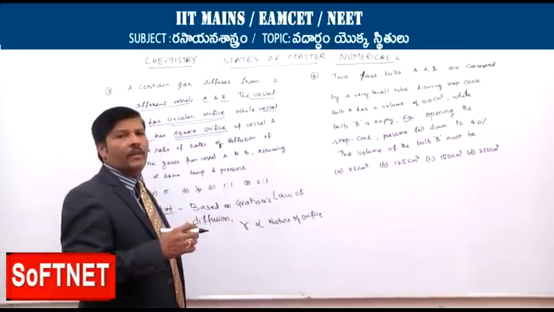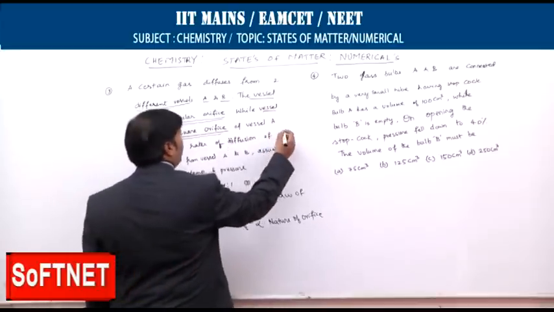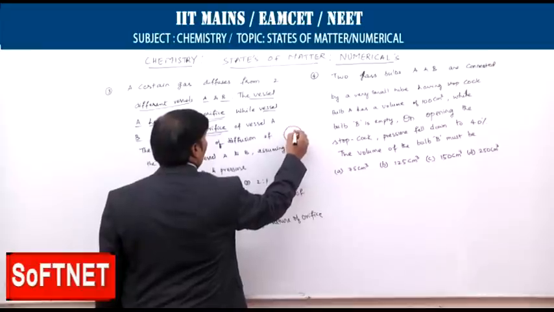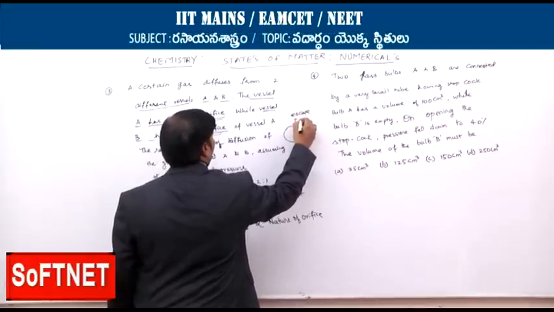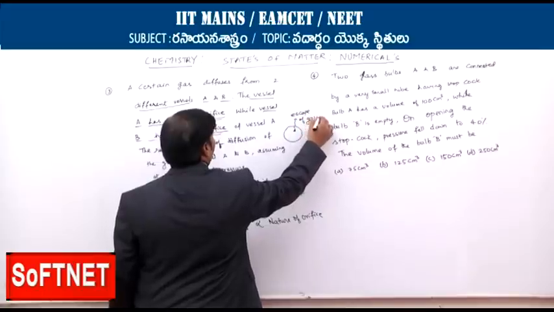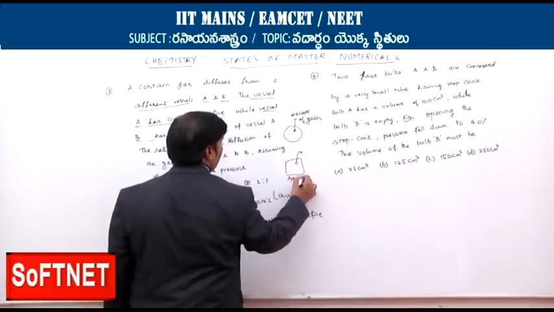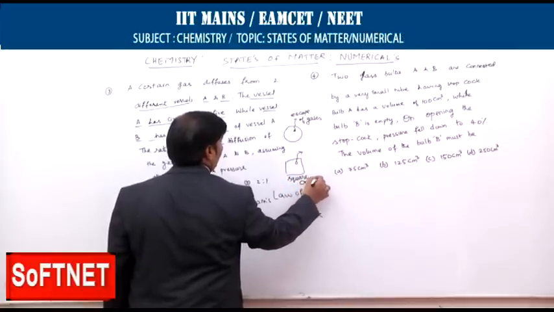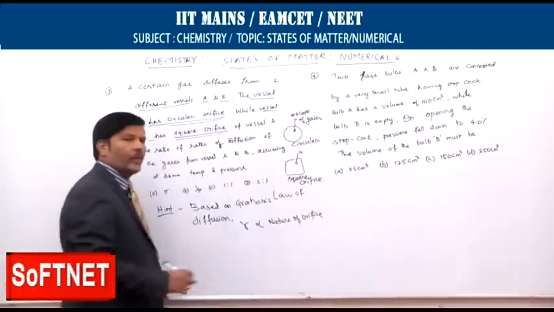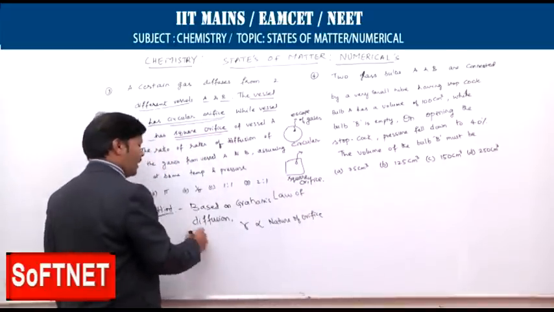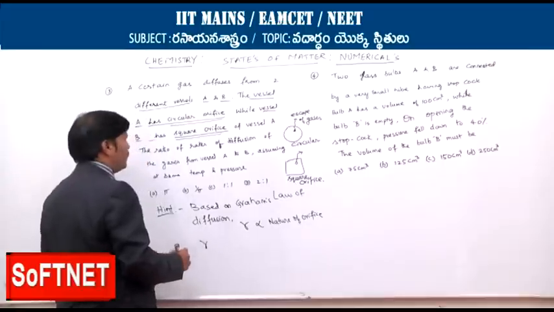If it is circular orifice, then you can take, this is a circle, a small hole is created, and this is the escape of gas molecules, escape of gases takes place. If it is square orifice, this is the square orifice, and this is circular orifice.